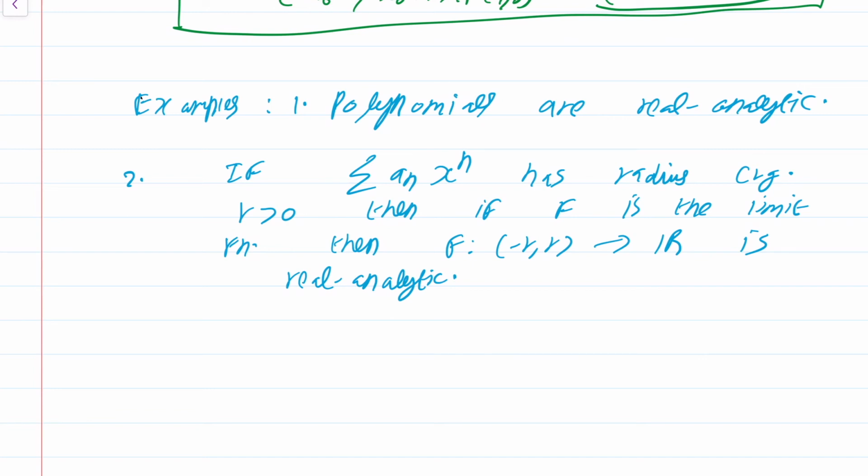Okay, so let me just make a remark about the proof of this. There are several ways to prove it. I'll list 3 ways and not give any one of the ways because this is just a tangential point to our course.